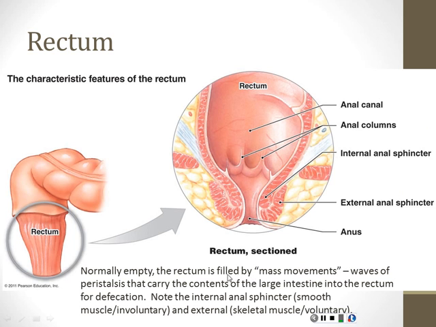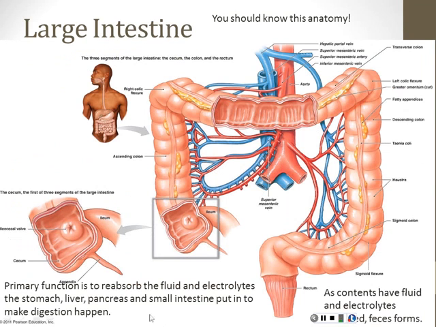All right, so the rectum is normally empty. It fills up by what are called mass movements. The large intestine moves a little differently than the small intestine does. You know, the small intestine is doing that segmentation and peristalsis all the time. Well, when the large intestine moves, it tends to move in larger amounts. So a mass movement might move all the material from here to the transverse colon, all the material from the transverse down.